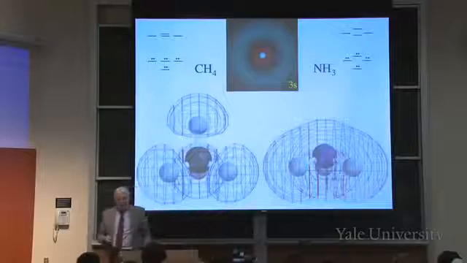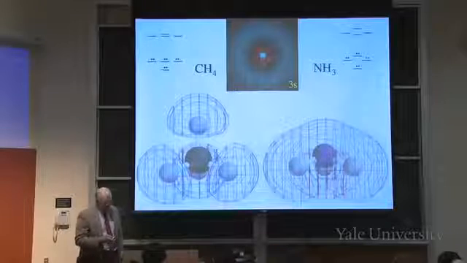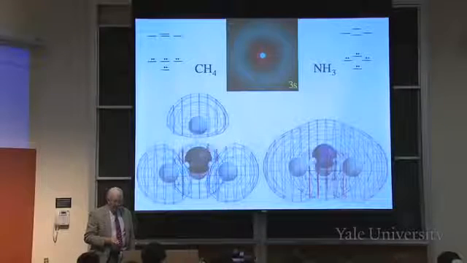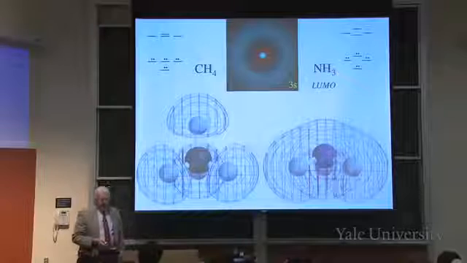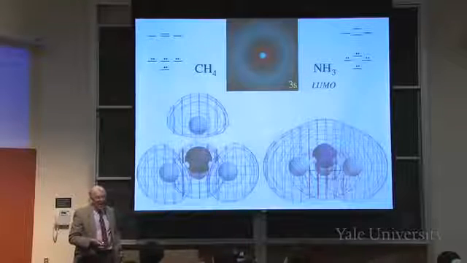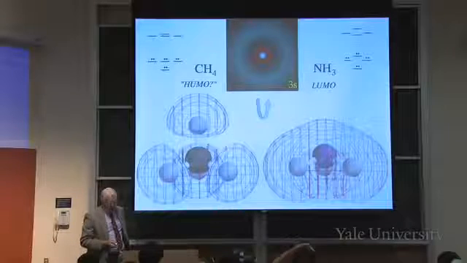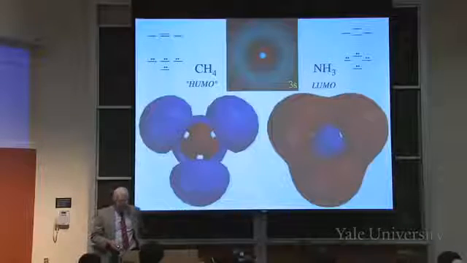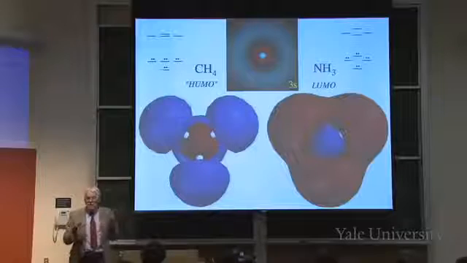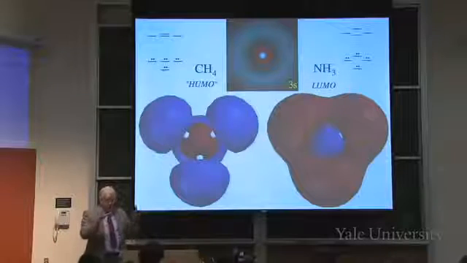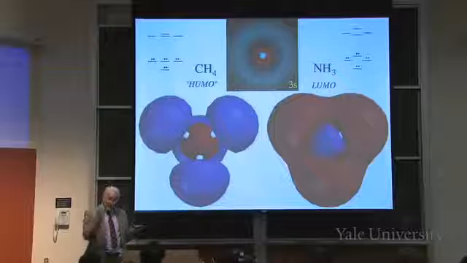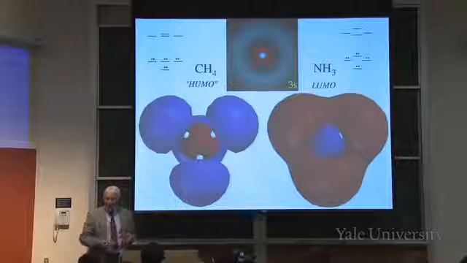The same thing is true of NH3, but you have to rotate in order to see it. That's the lowest vacant, the lowest unoccupied molecular orbital. And if we rotate it here, you can see the inner part. And bear in mind that there are 2 spherical nodes. There's one that's really tiny that's inside anything we can see here.